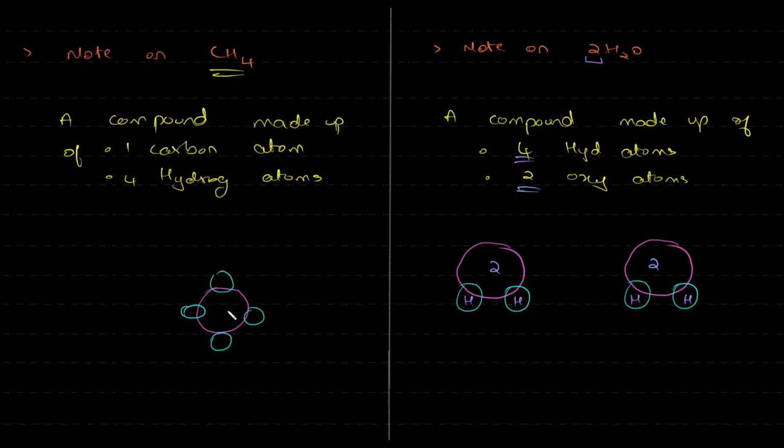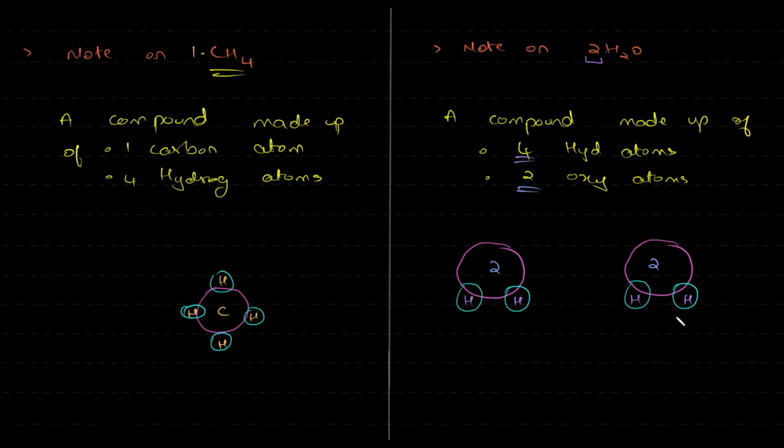Let's come back to this example. This is carbon. There is 1 carbon, with hydrogen, hydrogen, hydrogen, hydrogen. Overall there are 4 hydrogen, but there is only 1 of it, 1 times CH4. But when I say 2 times H2O, it means there are 2 of those.